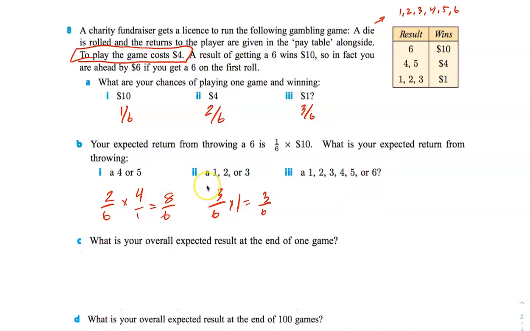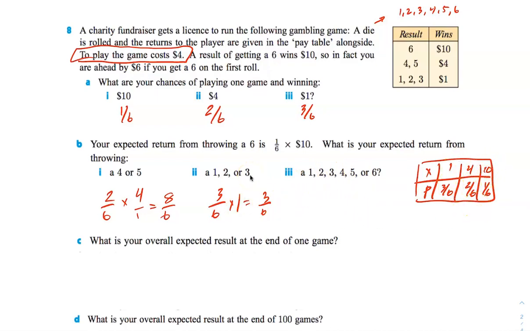What's the expected return when you throw all this? So this is basically the expected value, right? When you throw everything, what do you expect to get? A lot of times I like to make my little table here. So here's my X, here's my P. You could either get $1, with odds of 3 out of 6. You could get $4, and that's 2 out of 6. Or you get $10, 1 out of 6. If you want the expected value, just multiply these together and add them up, which we kind of already did.